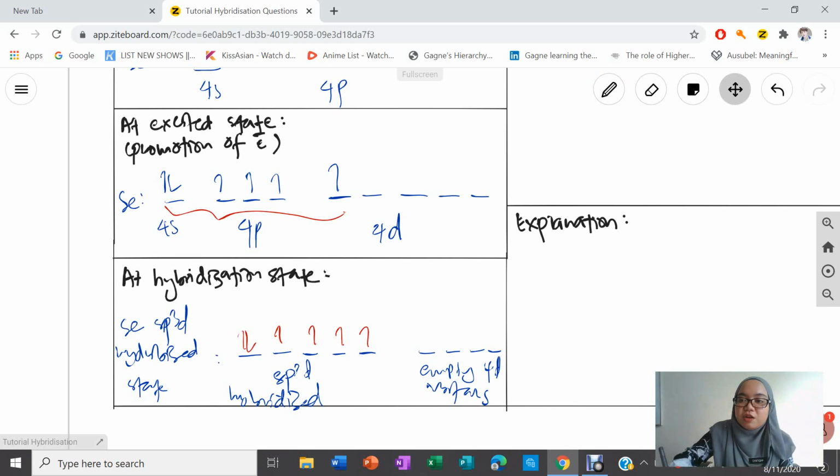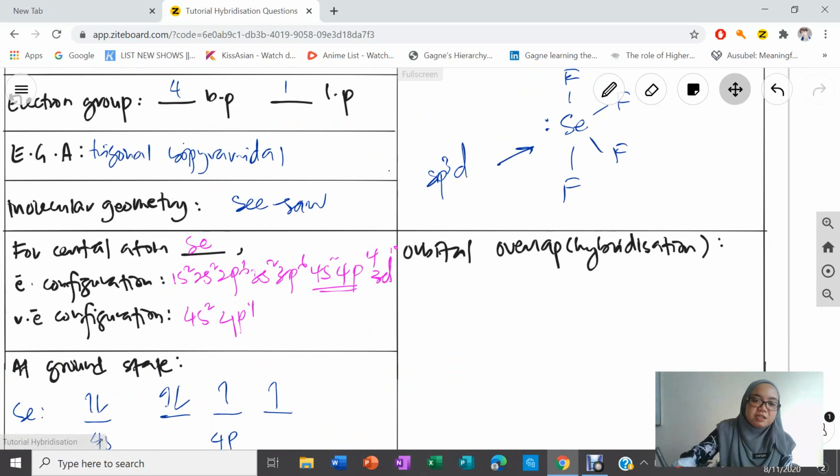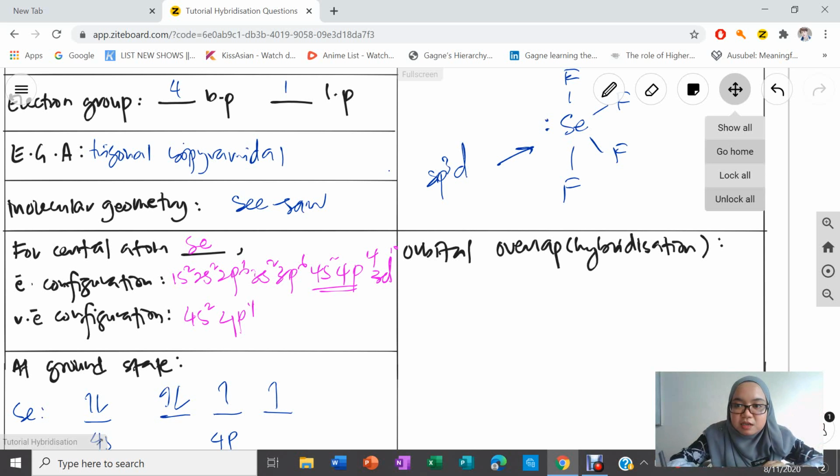Okay, so we need to draw now. This sp3d hybridized orbital has the seesaw shape and the electron group arrangement is trigonal bipyramidal. So we draw it based on the electron group arrangement here. The shape is quite like this.